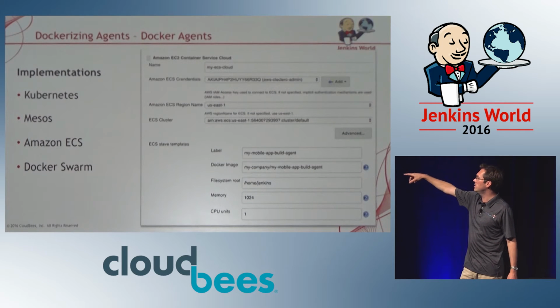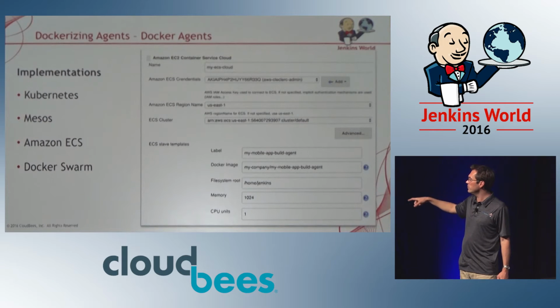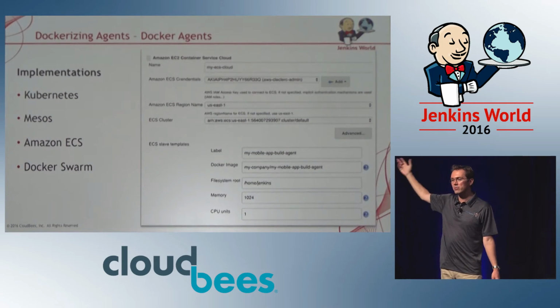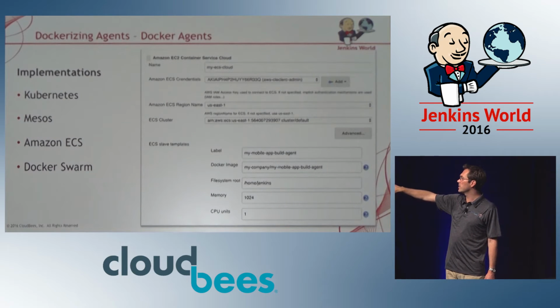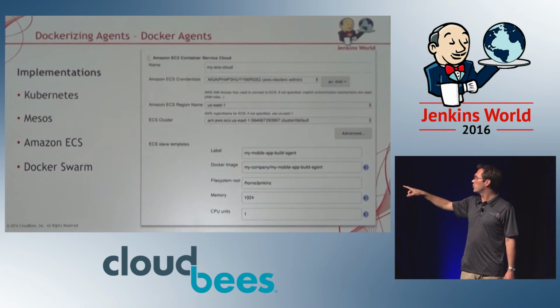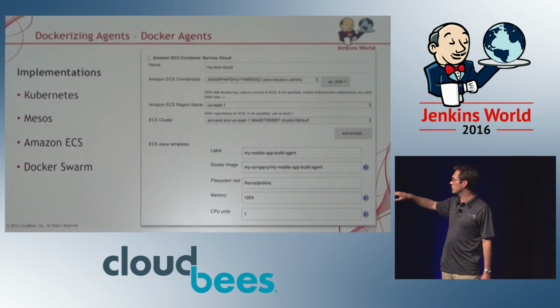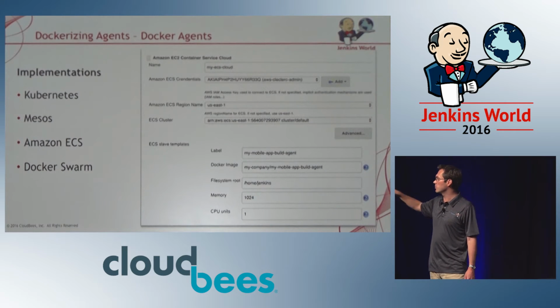If you can see here, it's a configuration screen for the Amazon ECS service. And typically, what you have to do, you enter your credentials to connect to your Docker orchestration service, and then you have the concept of slave templates. So it will be very similar for all these orchestration services, where you define your Jenkins label to let the project team select what they want, and you will specify your Docker image.